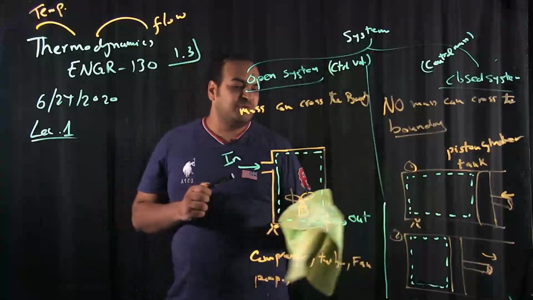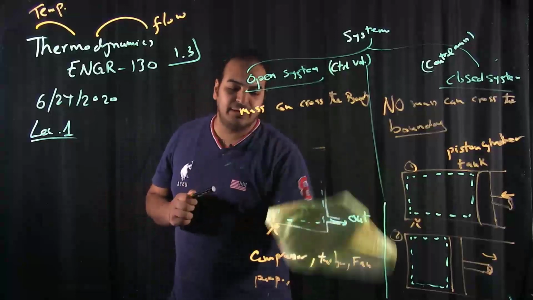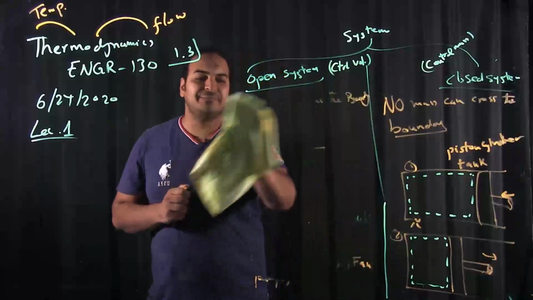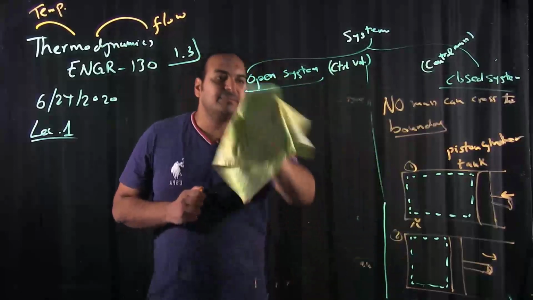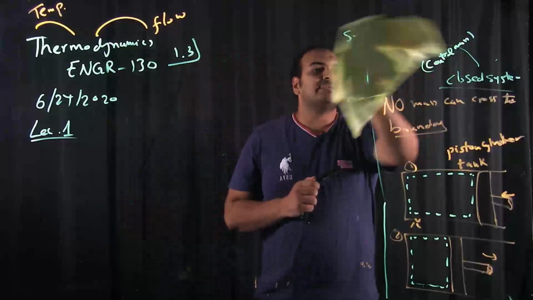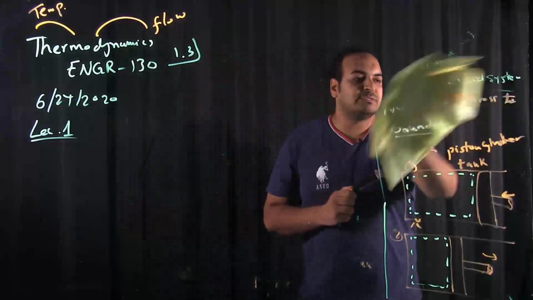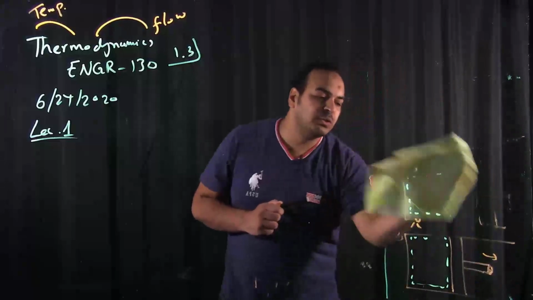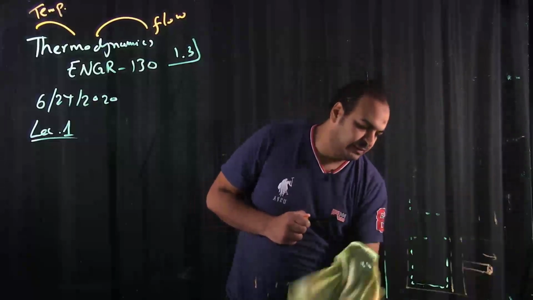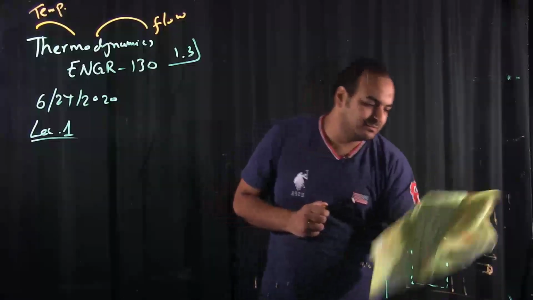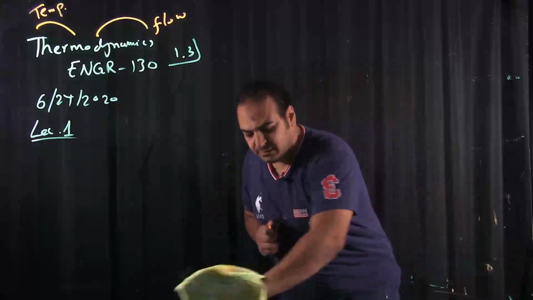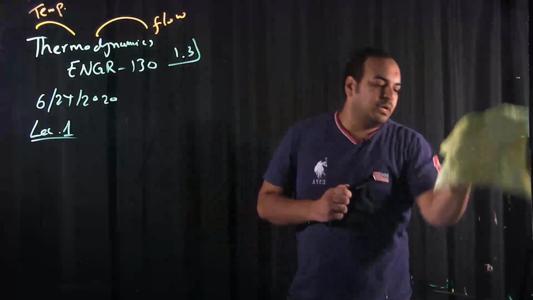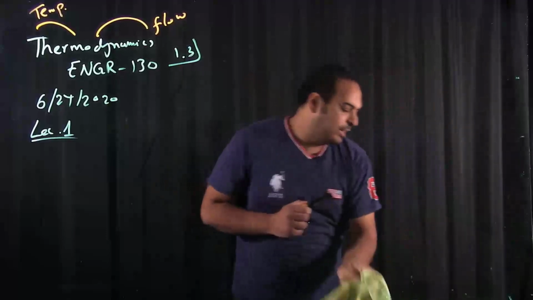A special case of those is called isolated. Isolated means no heat or work can cross the system. Open system, mass can go in and out. Closed system, no mass can go in and out. Closed system is a control mass. Open system is a control volume. So isolated means no heat can be added in and no work added into or out of the system.